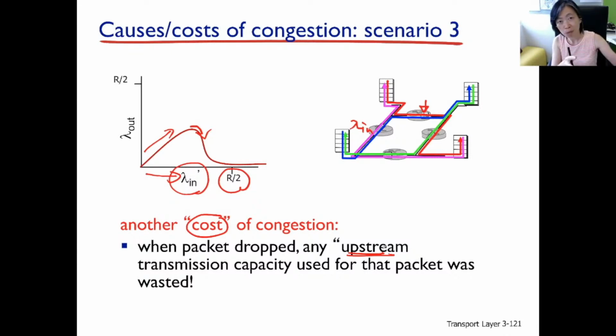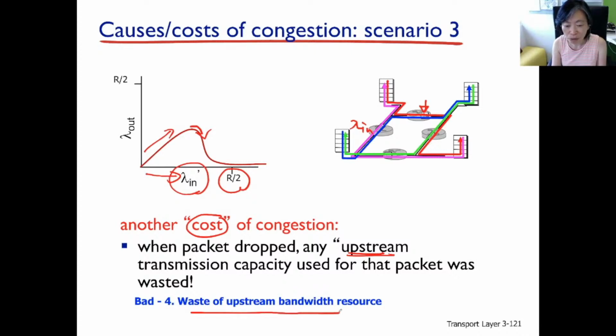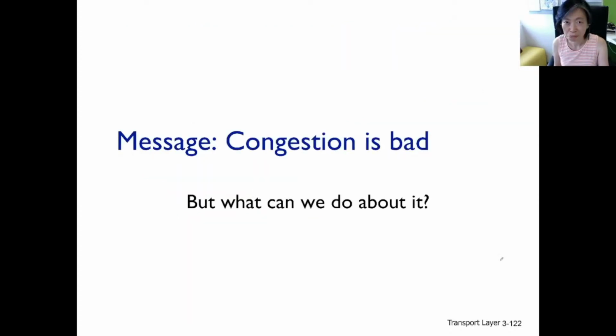But here, the upstream bandwidth is all wasted, so the amount of resources we are wasting here could be very high. So the hidden cost here is the waste of all this upstream bandwidth resource, and this is a big cost. So the message here: congestion is really, really bad. But what can we do about it?